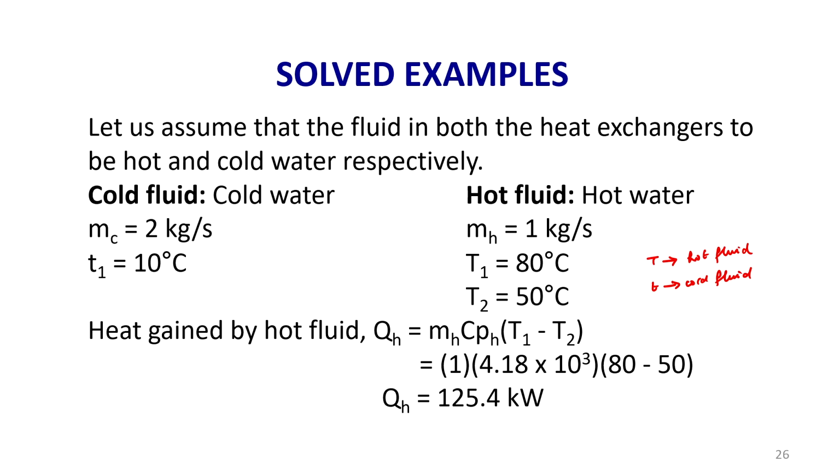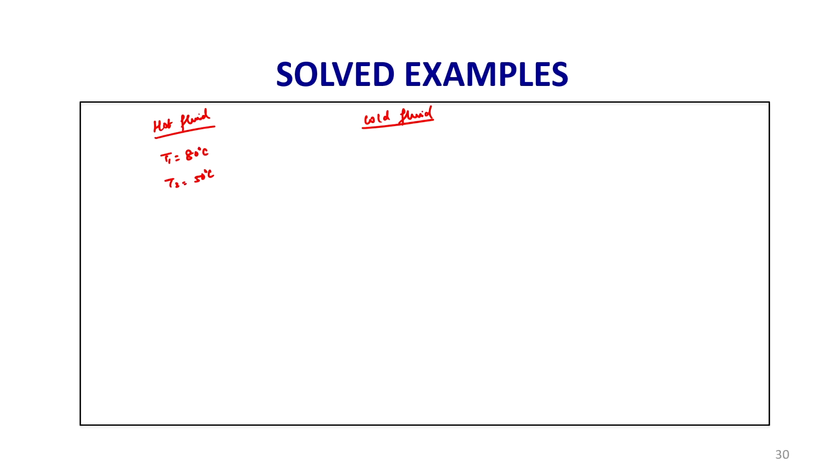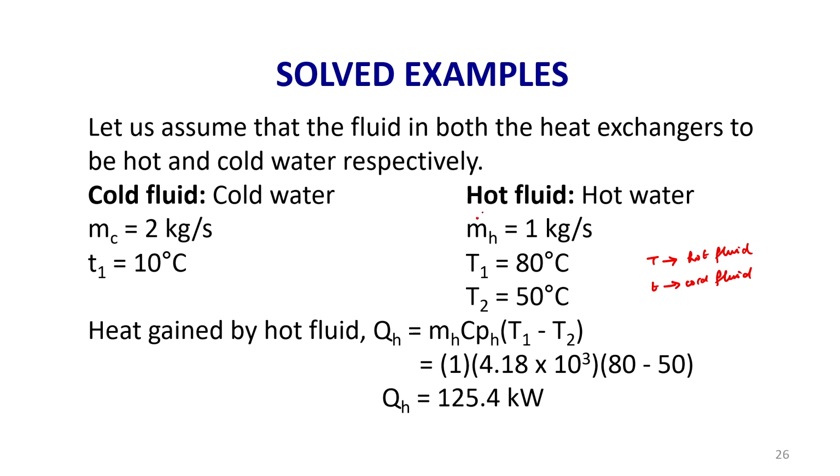The mass flow rate of the hot fluid is given, 1 kg per second. So, m dot h is 1 kg per second. Cold fluid is this one.